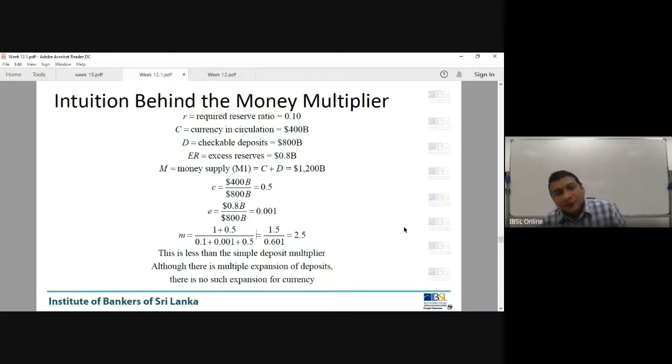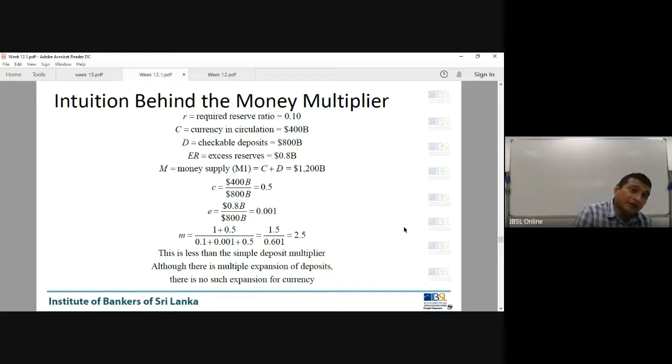Right? So what you basically see here is, although there is multiple expansion of deposits, that assumes there is no currency holding and no excess reserve holding in the simple deposit multiplier, right? In reality, it's there. People hold it. Half of the deposits are kept in currency form, so only half is left for deposit multiplication.